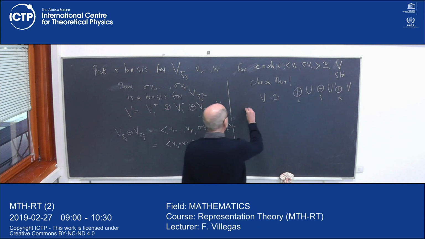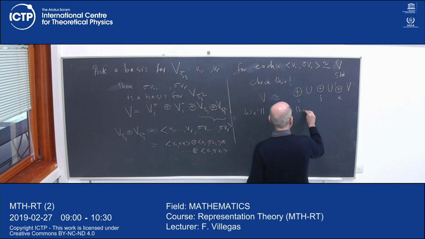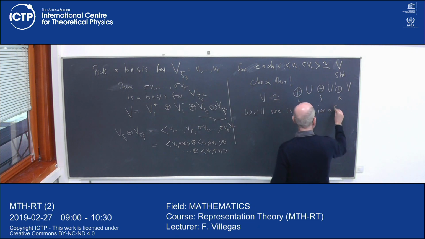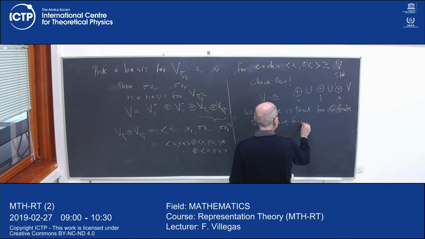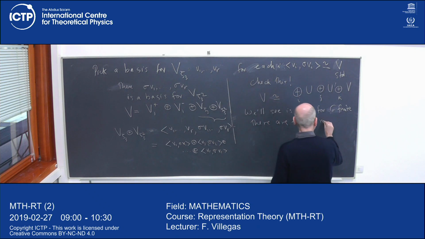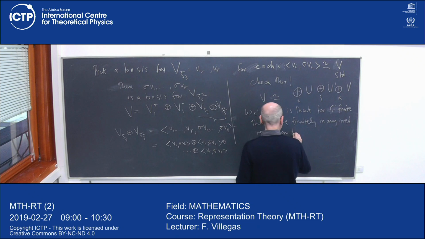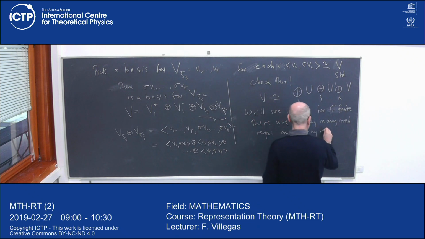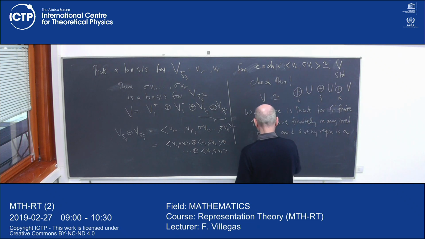So what we'll see is that for any finite G, there are finitely many irreducible representations and every representation is a direct sum of these.